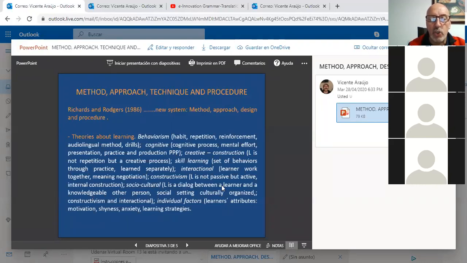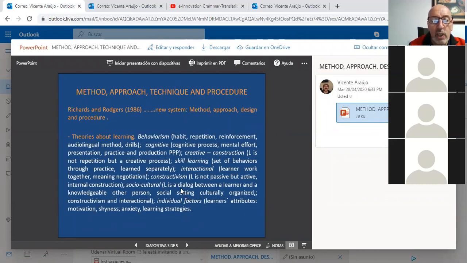Language is a dialogue between a learner and the knowledgeable other person. This dialogue happens in a social setting, culturally organized. Social setting because you don't live alone. You live with someone else. You share time with your family, your friends, your boyfriend, your girlfriends, your teachers, the university. So that's a social setting.